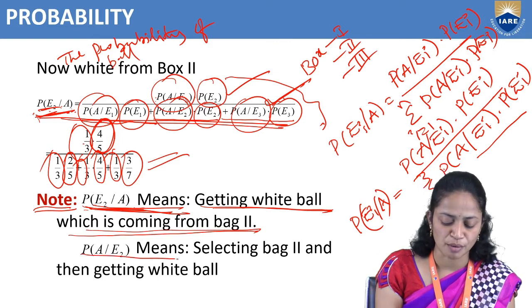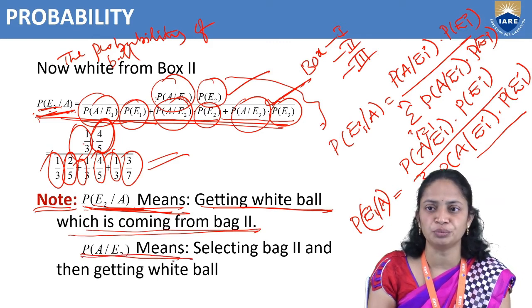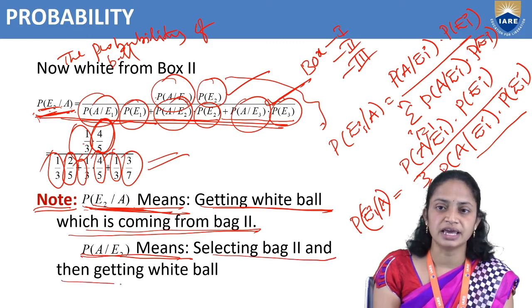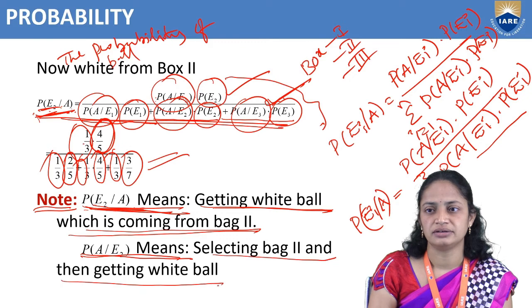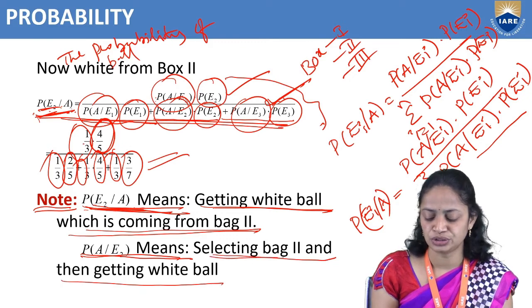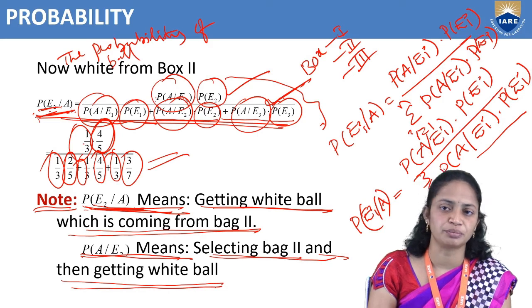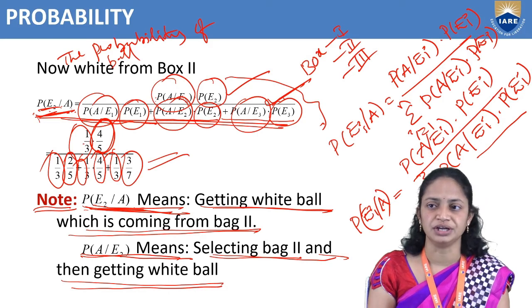Like that, probability of A divides E2 means selecting bag 2 and then getting a white ball. So that is probability of A divides E2.